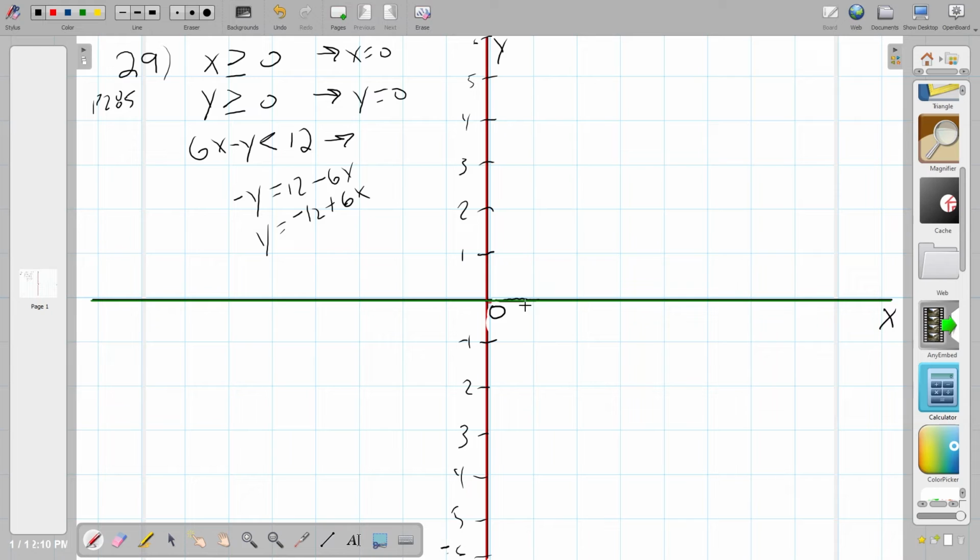Then we have 1, 2, 3, 4, 5, 6 to the right, and negative 1 through negative 6 to the left. So y equals negative 12 plus 6x. Negative 12 plus 0 is going to be way down there. Negative 12 plus 6 is going to be negative 6.